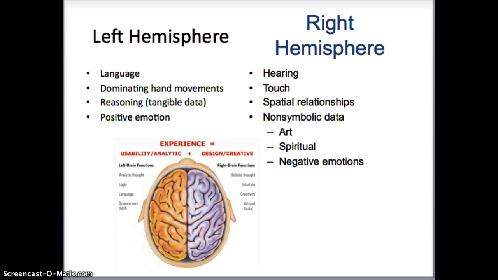So your left hemisphere is more responsible for language, dominates your hand movements. It's really all about speech, writing, reading, analytical, and computational skills. While your right hemisphere is more in tune with your spatial orientation, musical patterns, visual experience interpretation, and emotional and intuitive processes.